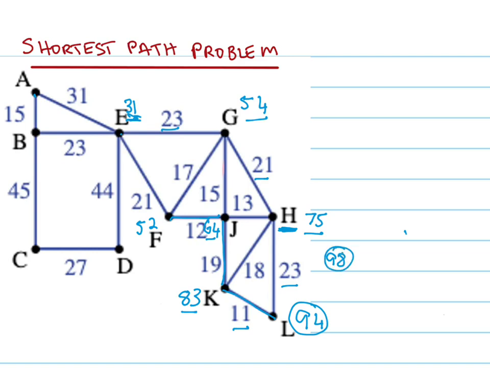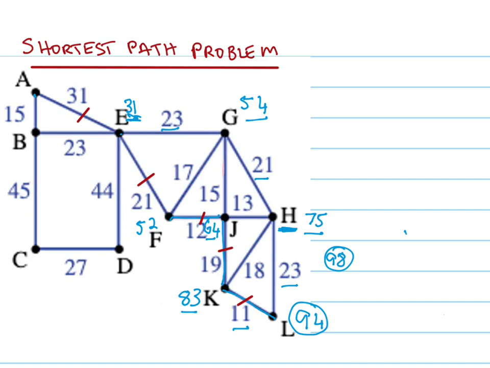Okay, so let's not lose our track here. Let's map it back. Okay, so how did I get to L? Well, I went this way. To go backwards, I went from K to L, backwards again from J, then F to J, and then on the path to E there, and so on like that.